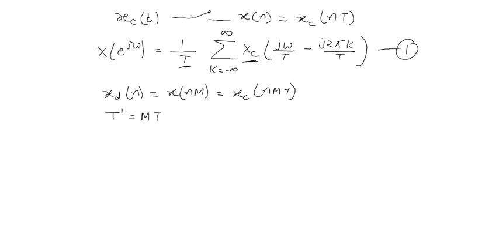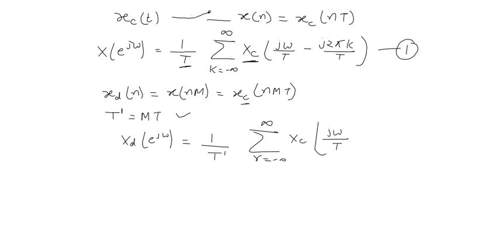So we can write it directly from equation 1. Your xd of j omega must be 1 upon the new T dash. If you sample xc of t at this rate, your new expression will be 1 upon T dash, where T dash is MT, summation r equals minus infinity to plus infinity of xc of j omega upon T dash minus j 2 pi r upon T dash, right?